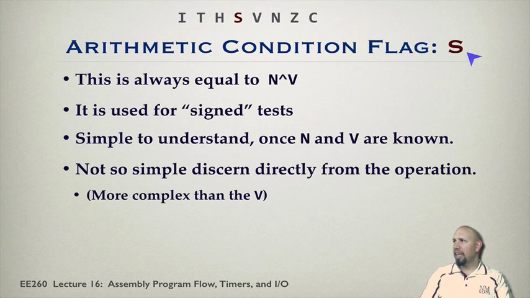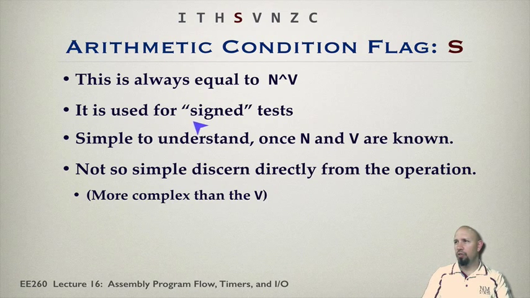Anyway, the S flag now is the sign flag, and it's always equal to N exclusive or V. So remember, V is like something goofy happened, and N is the negative flag, or at least it's the first bit in that expression. It turns out that's actually associated with a sign, as complicated as it seems.